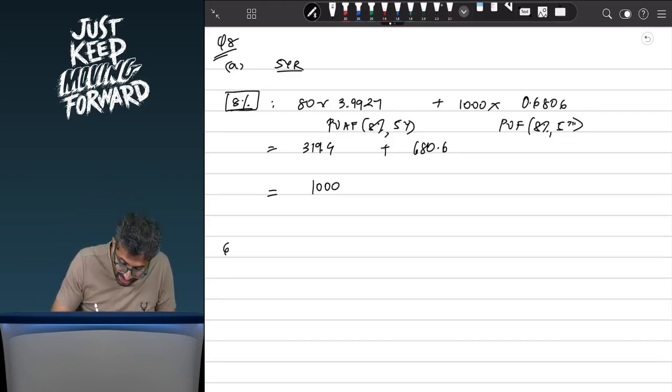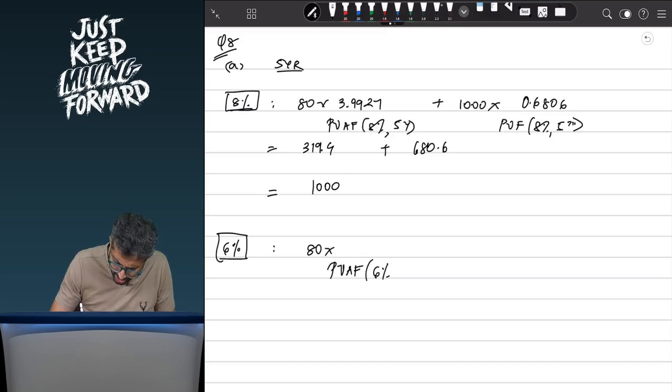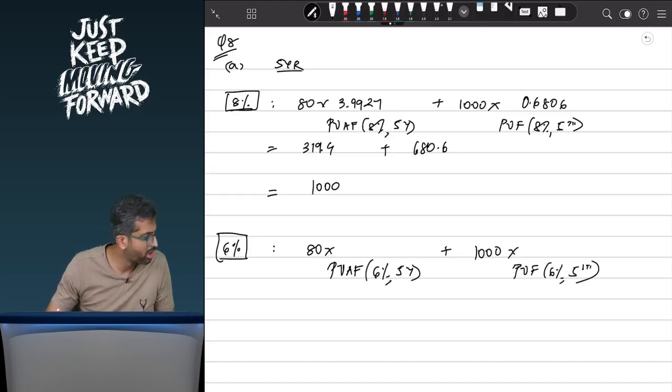Now at 6%, as you have rightly told me that the bond's price should increase, this is 80 into PVAF, this will be at what rate? 6%. Can you calculate and quickly tell me the annuity factor for a period of 5 years, plus 1000 into the present value factor at the rate of 6% for the 5th year? 4.2124 and 0.7473.